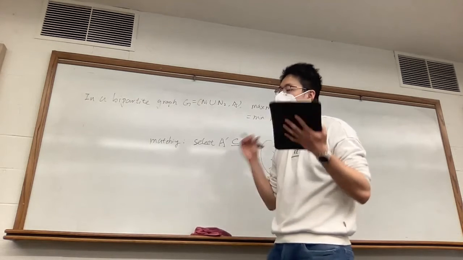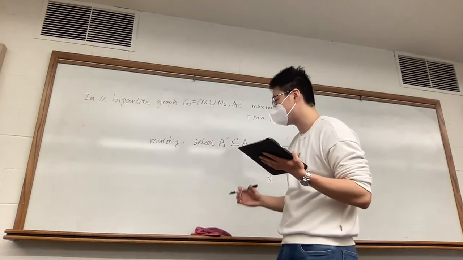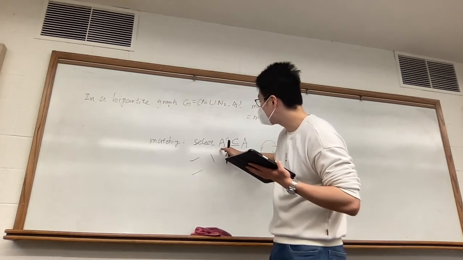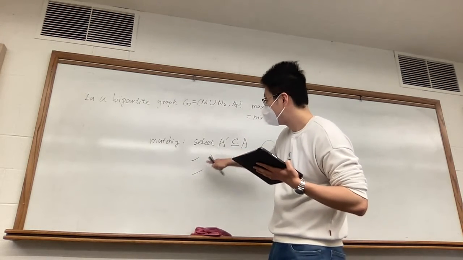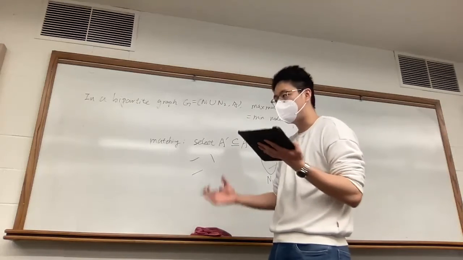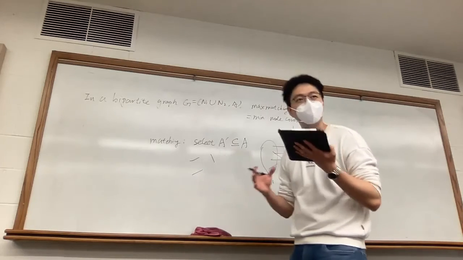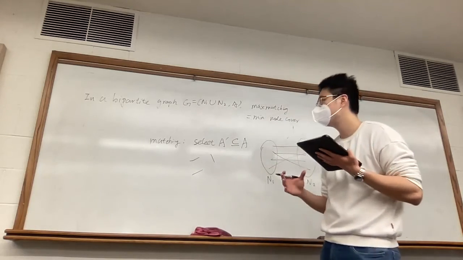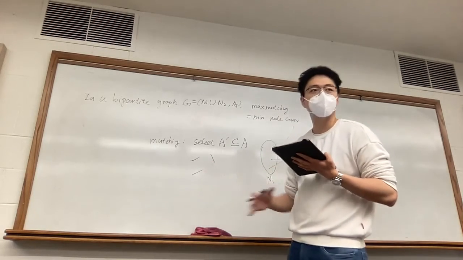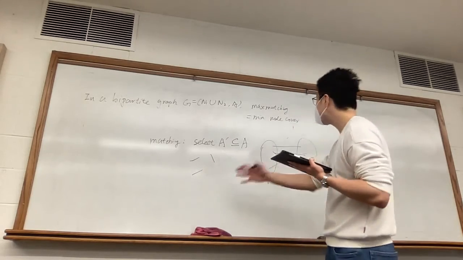And as the name suggests, for all the arcs that are selected in this A prime, they should not have any node in common. So this is like pairing men and women together in a marriage problem. The selected arcs should not have common nodes. This is matching.